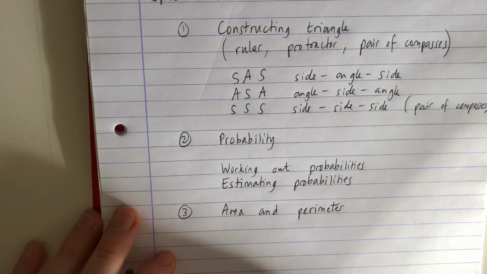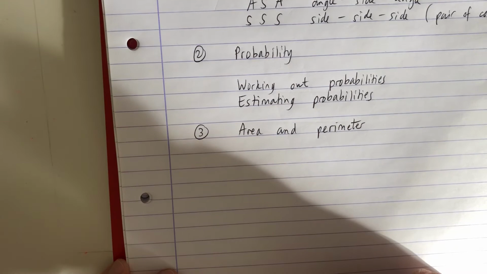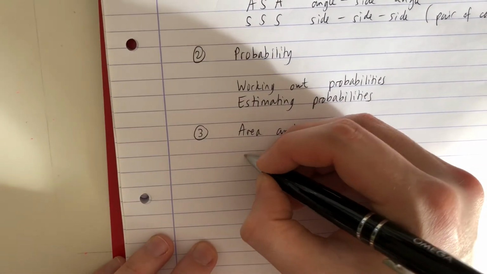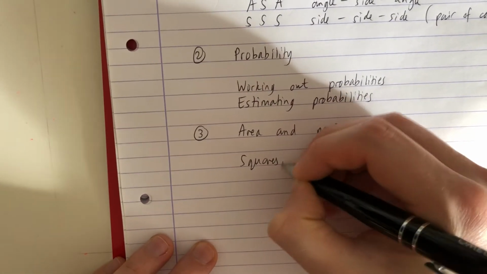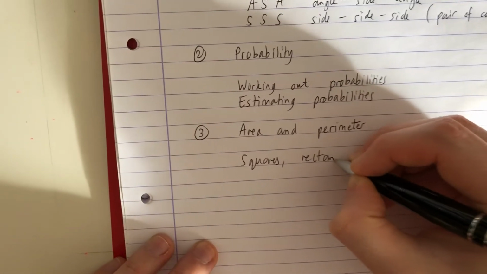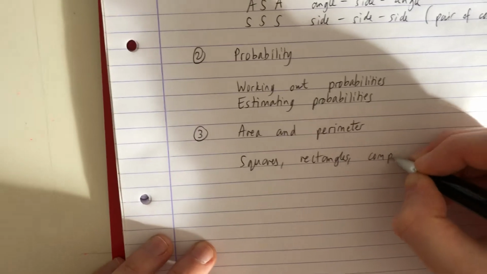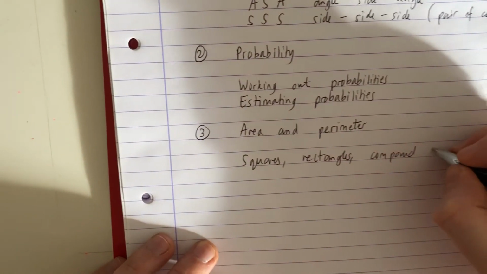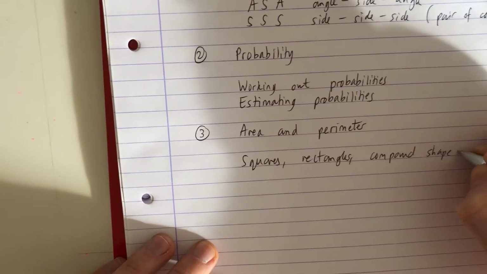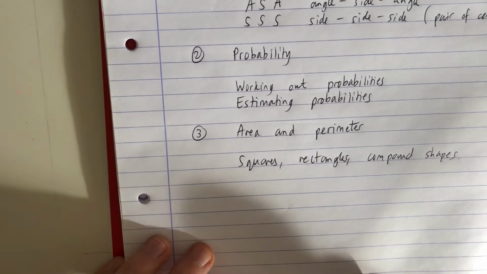Area and perimeter, just working out the area and perimeter of different shapes. So it could be squares, rectangles, or compound shapes, which is just a mixture of squares and rectangles effectively joined together.